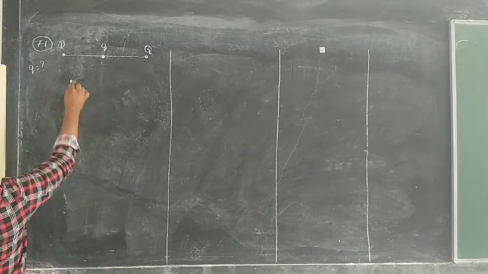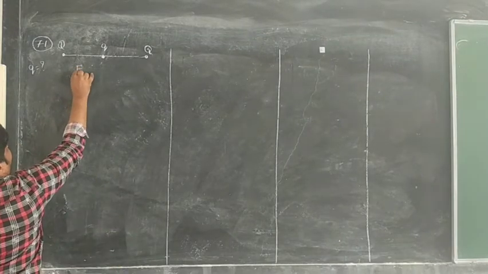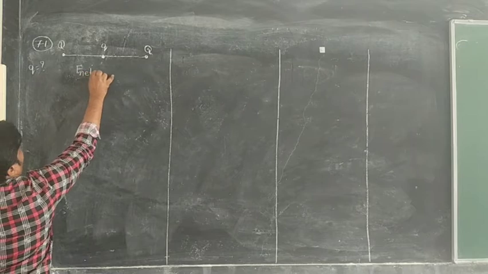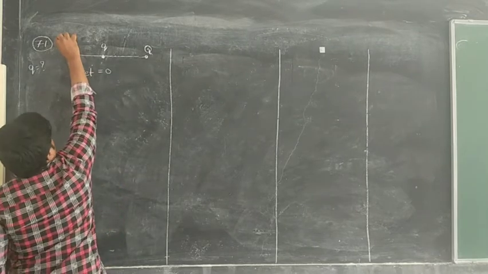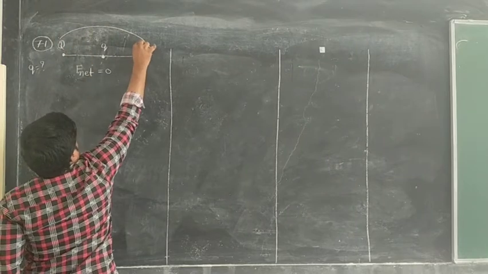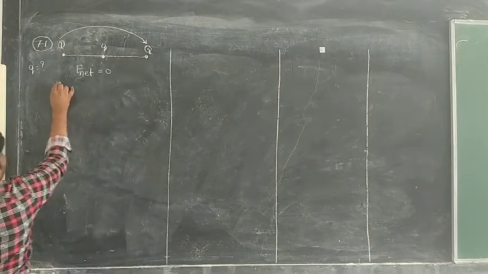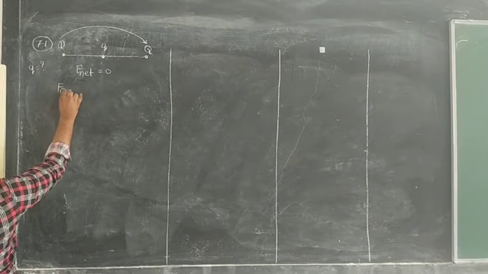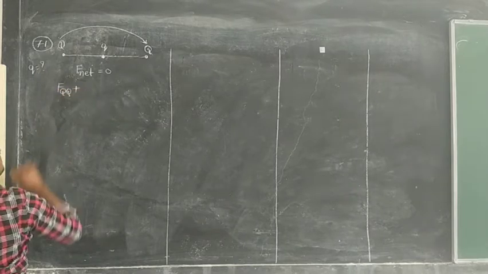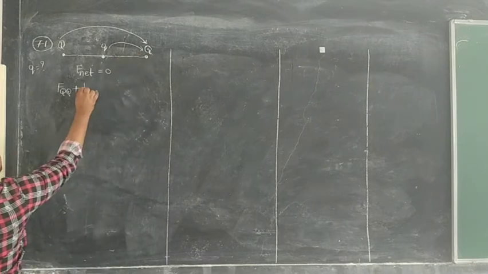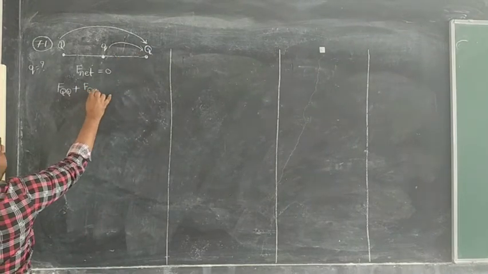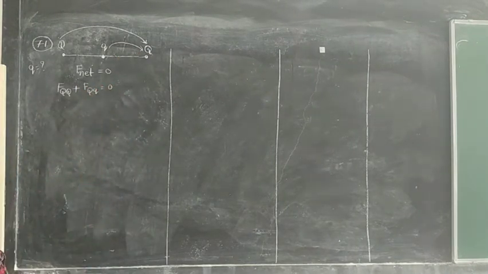System of these three charges in equilibrium means the net force between the charges is equal to 0. That means we can take the force between capital Q and capital Q plus the force between these two charges, capital Q and small q, equal to 0.